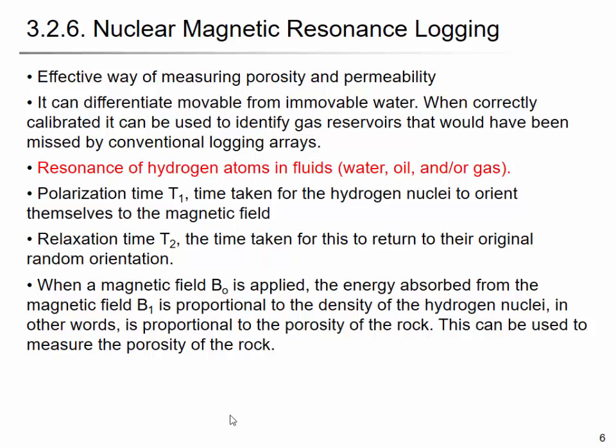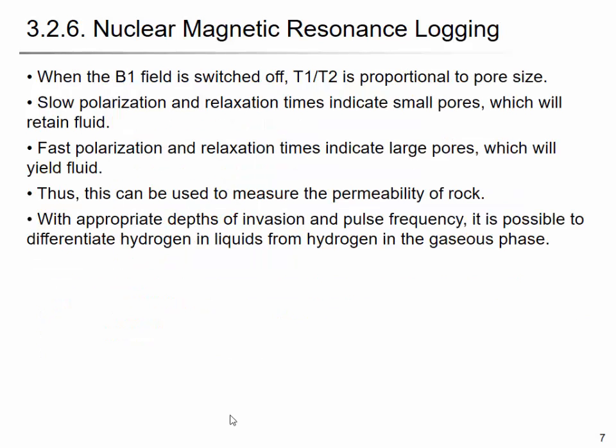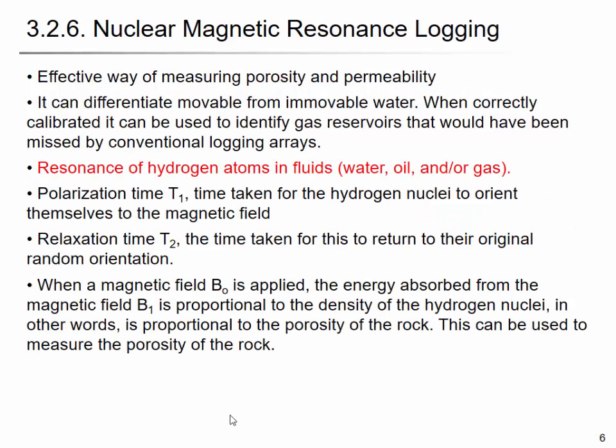If it makes sense. So when the B1 field is switched off, so when the external field is switched off, T1 over T2, the ratio between T1 and T2, is proportional to the pore size. So T1 is, what is it? It's a polarization time, right?